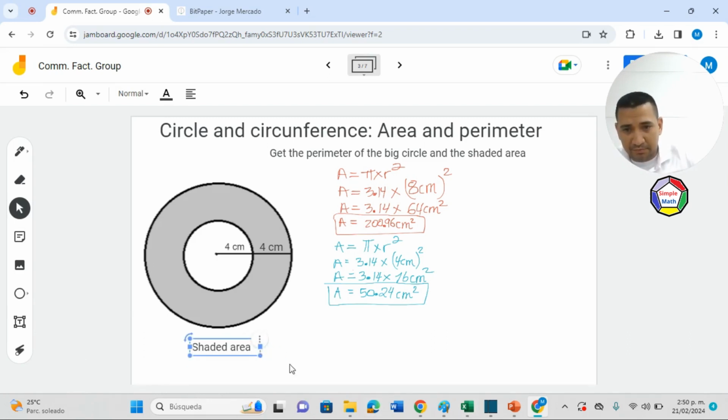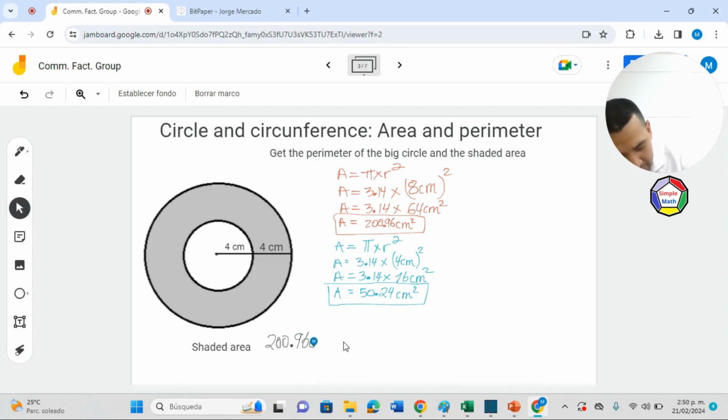The shaded area is equal to the big area, which is 200.96 centimeters squared, minus the small area, which is 50.24 centimeters squared. I subtract the result of the smallest from the result of the biggest.